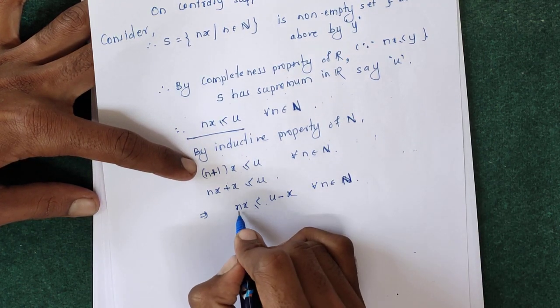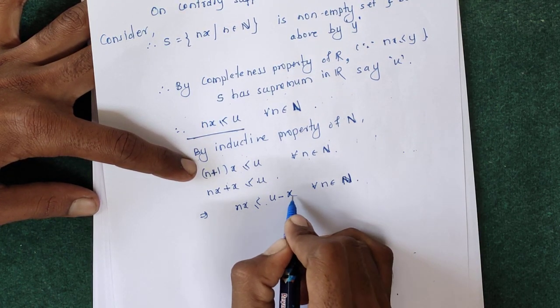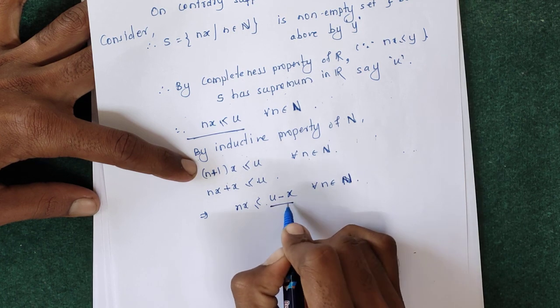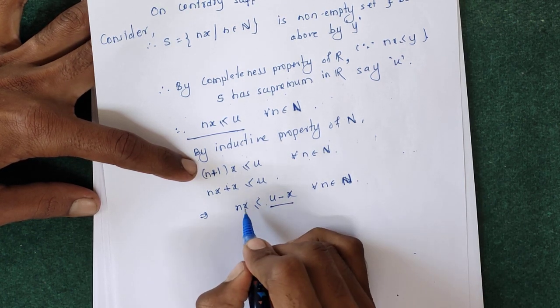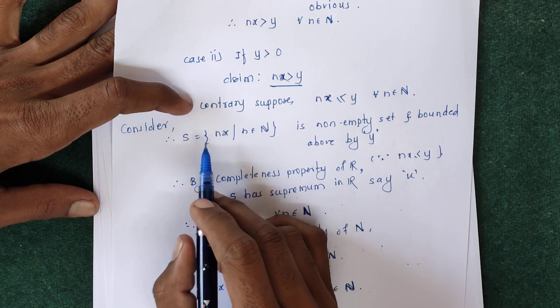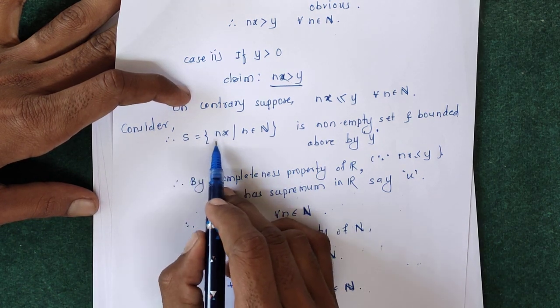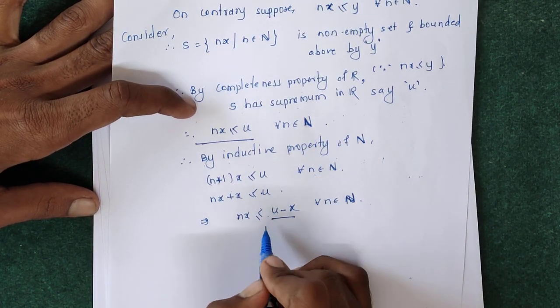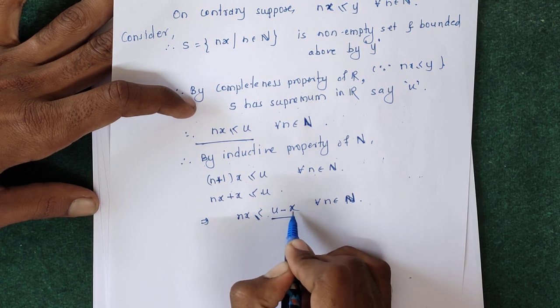So nx is less than or equal to U minus x. All the elements of the set S are of the form nx, and all of them are less than or equal to U minus x.